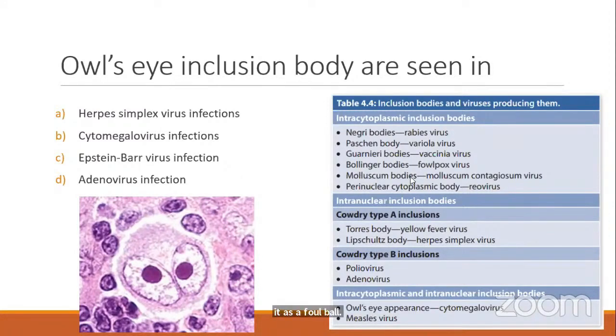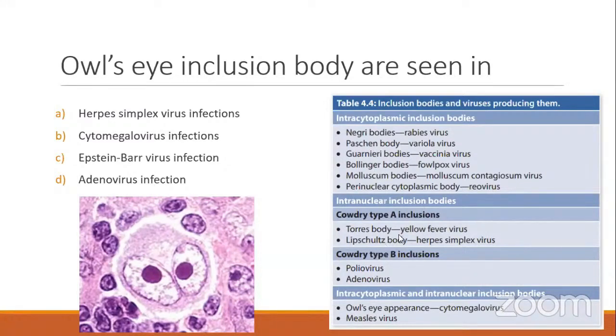Bollinger body is seen in fowlpox virus. Molluscum bodies, as the name suggests, are in molluscum contagiosum virus, about which I will also be dealing later. Then perinuclear cytoplasmic body in reovirus. Among these, the examiners' favorites are Negri bodies, Guarnieri bodies, and Bollinger bodies.